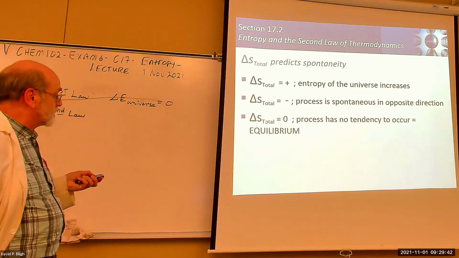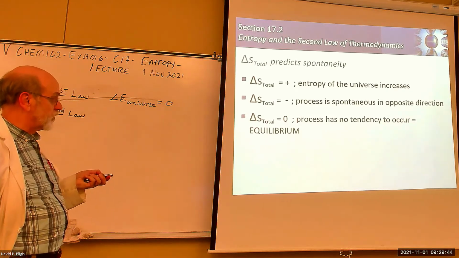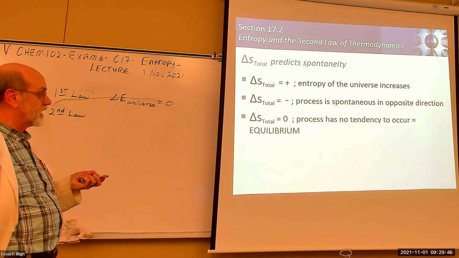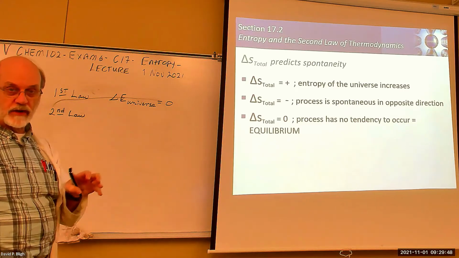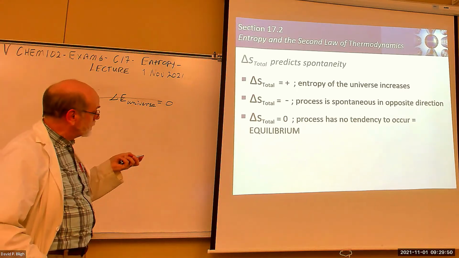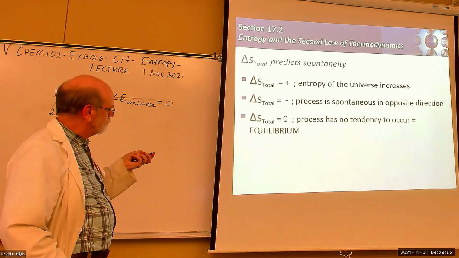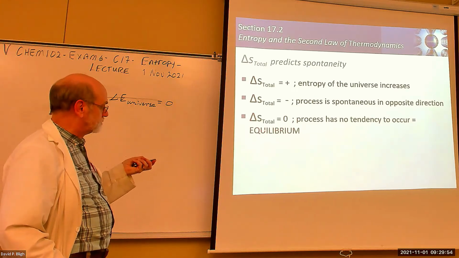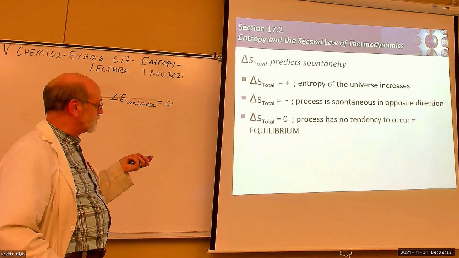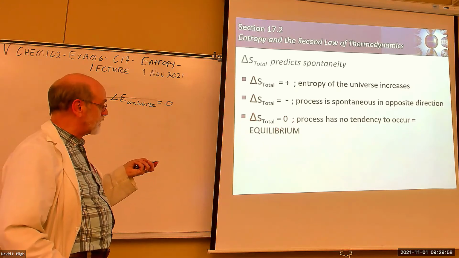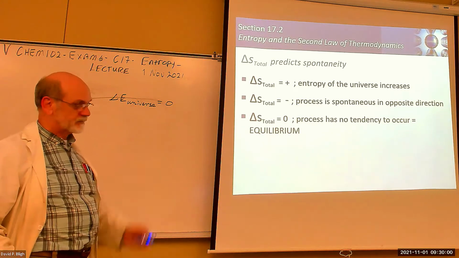Okay, if the delta S total is equal to 0, then the process has no tendency to occur. We're at equilibrium. So this is an important relationship to remember. If the total delta S is equal to 0, then we're at equilibrium.